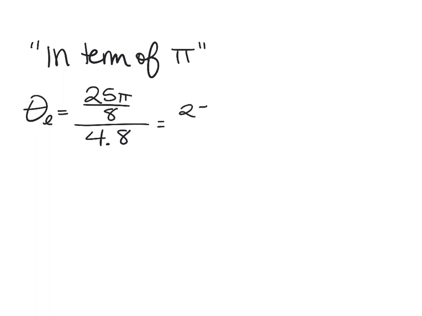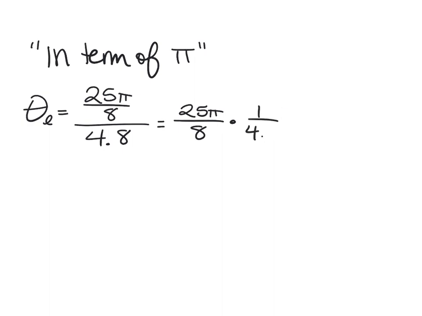You keep the top fraction, you change the big divide to a big multiply, and you flip the denominator, where this ends up being 4.8 over 1. Is that true? Hold on. Big lie. I have to actually flip this number. We flip it.